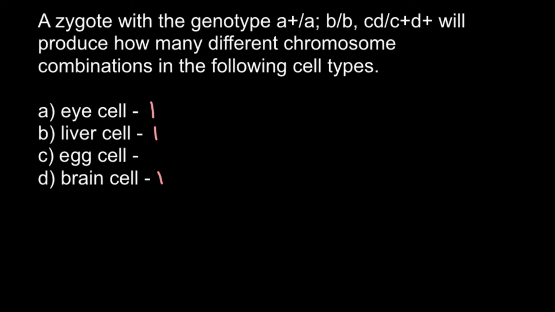And here we have two genes, C and D. Each gene represented by allele C and C plus, and gene D represented by two alleles D and D plus.